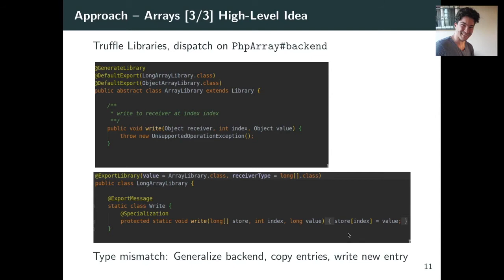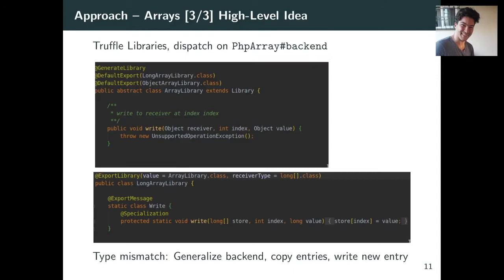Now, we assume that we write into primitive long arrays, but if this doesn't hold anymore, so for instance, if you want to store floats into this array, this cannot work anymore. So what we have to do is generalize the backend, copy all entries, and then select a representation that can host all values, including the new one.